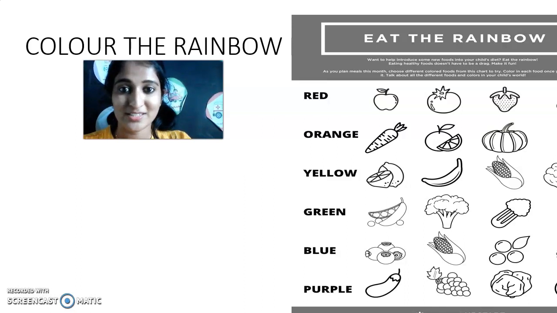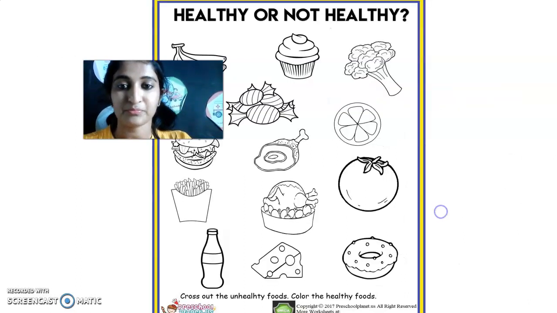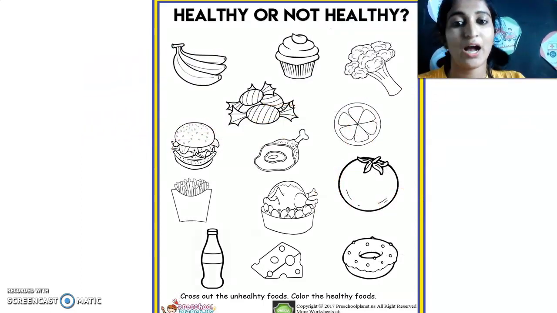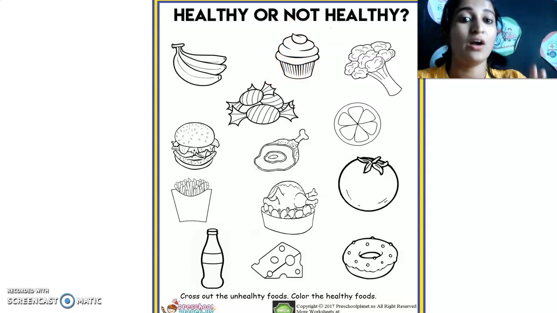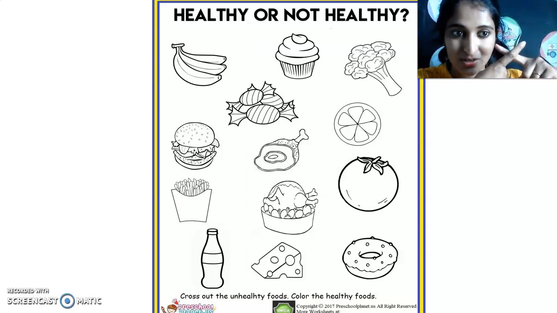You understand? Next, our activity is you have to choose which is healthy. Healthy means good for us, and not healthy means bad for us. For example, this is a muffin. A muffin is not good for our health. If it is not healthy, you have to cross it.